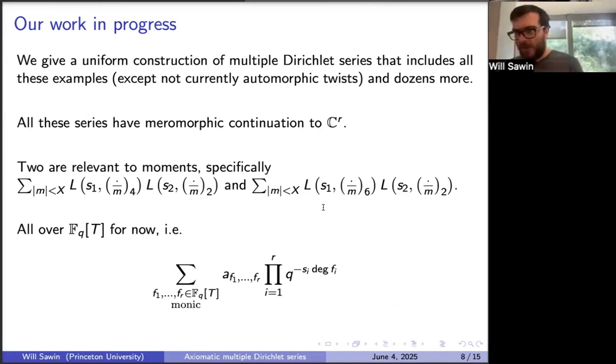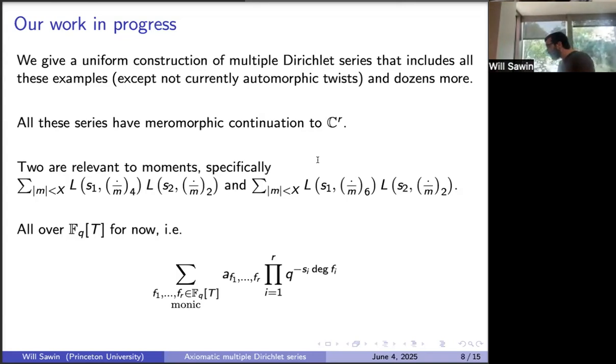So our method probably could be applied to L functions with automorphic twists, but we haven't considered that case. And it also includes dozens of new examples. Some of the examples are infinite families, so you could say we made infinitely many new examples. But if you count infinite families as only one, then there's like 24 or something like that.